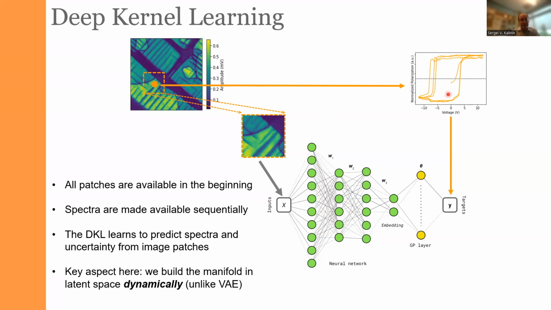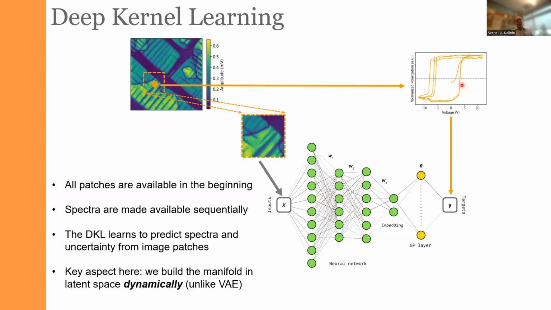hysteresis loop shape. So there are other tasks we can solve. For example, another task can be optimization. We want to find all the microstructures that correspond to the largest area under the hysteresis loop. Notice that these are very different tasks.